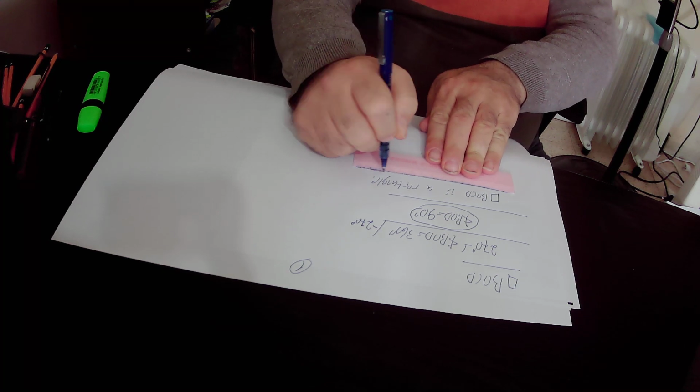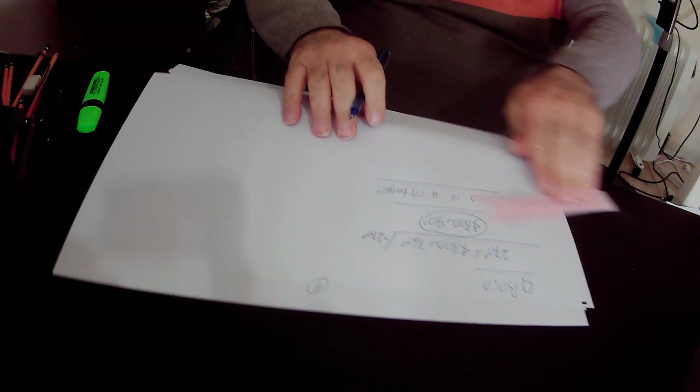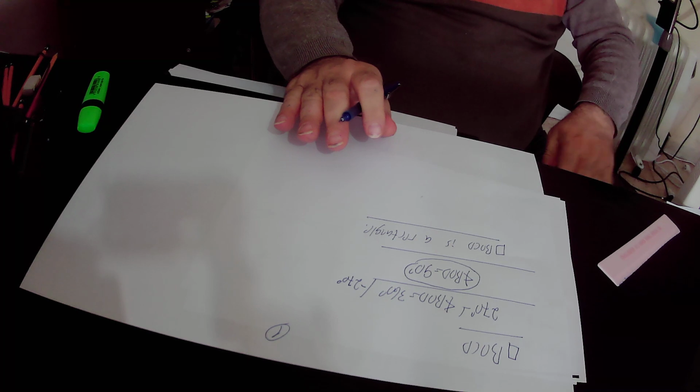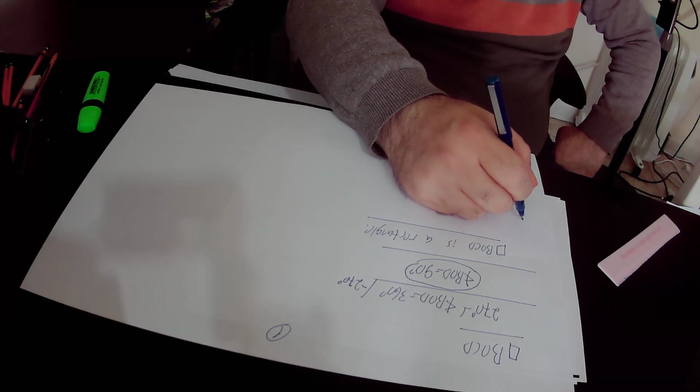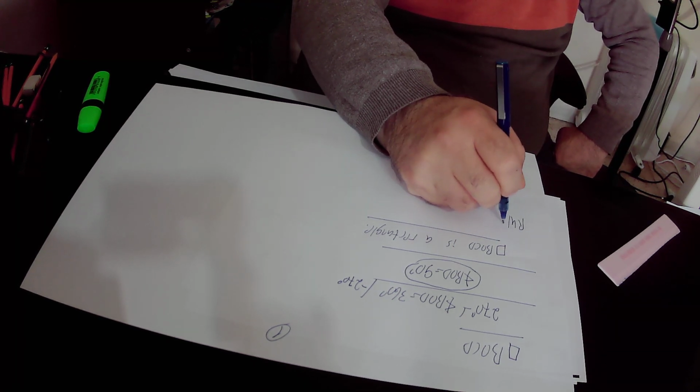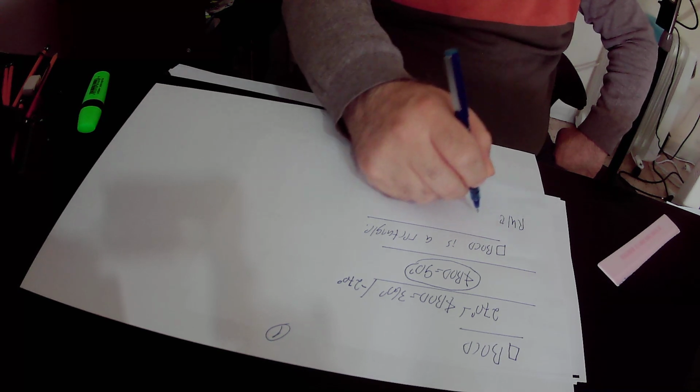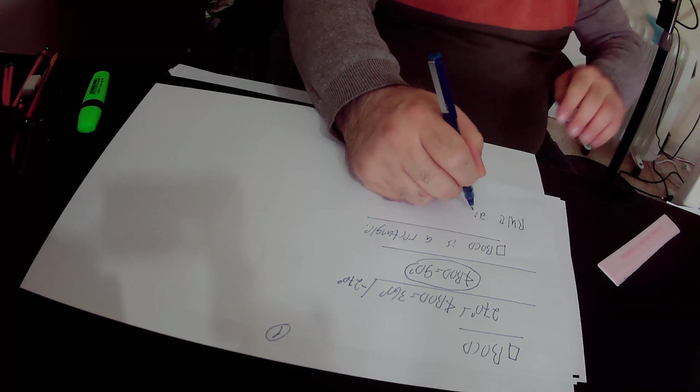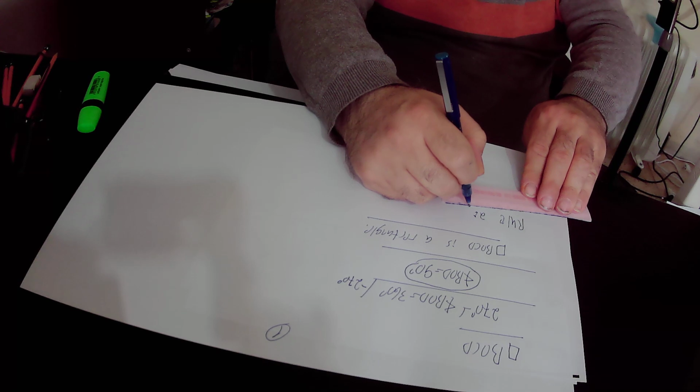And we also have rule number 2. According to rule number 2, the opposite sides of a rectangle are equal to each other. Okay, I will write it down. Rule number 2 states that the opposite sides of a rectangle are equal to each other.